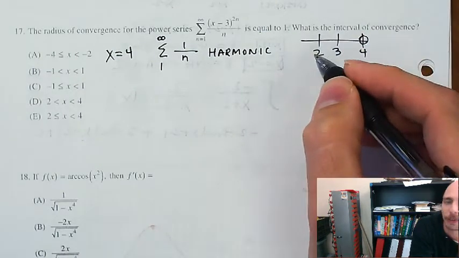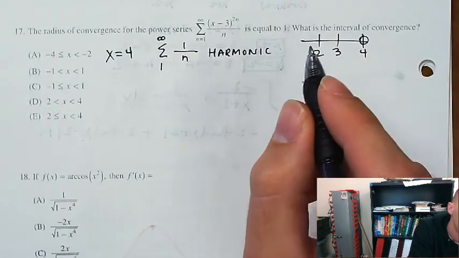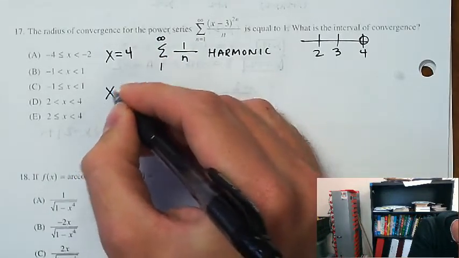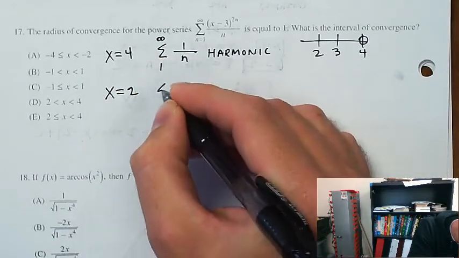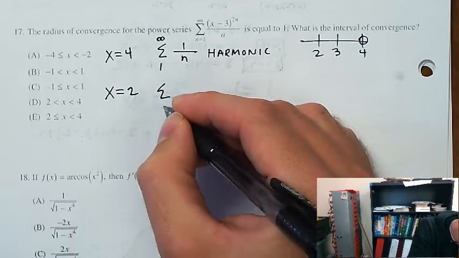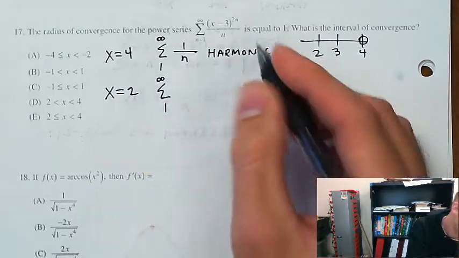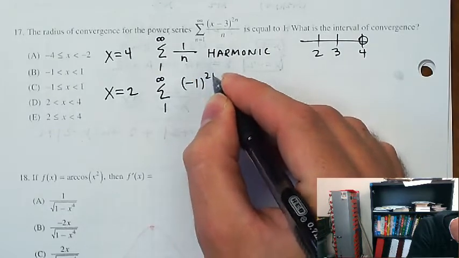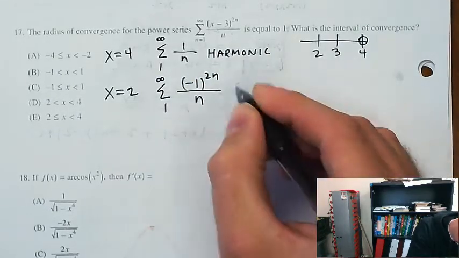I have a feeling that at x equals 2, it's going to be the alternating harmonic series. I think it's going to be this one right here, E, but we don't know that quite yet. Oh, no, it's not going to be the alternating harmonic series. It's going to be D. Maybe you see why that's the case. When I do 2 minus 3, I've got negative 1 to the 2n over n.